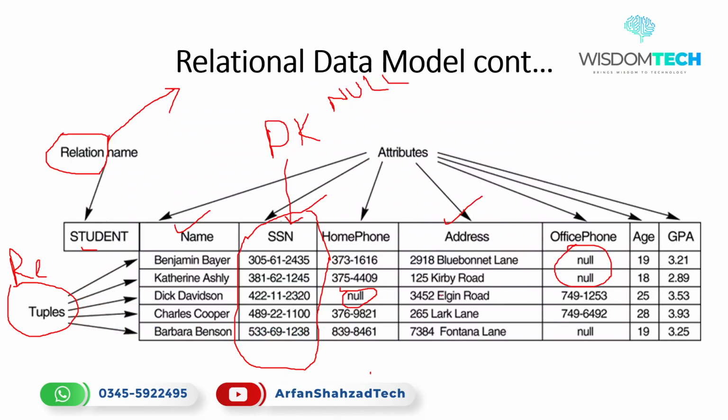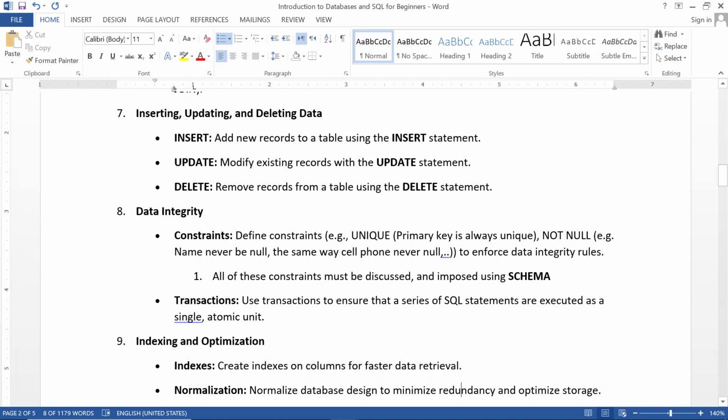Just like from checking this state of table, I can say this SSN is a primary key. So we can create some index over different columns, for example, GPA, over age, for retrieving records in an efficient way.